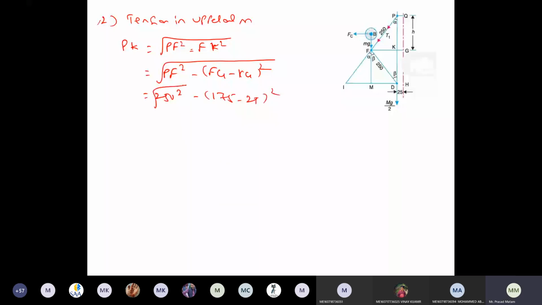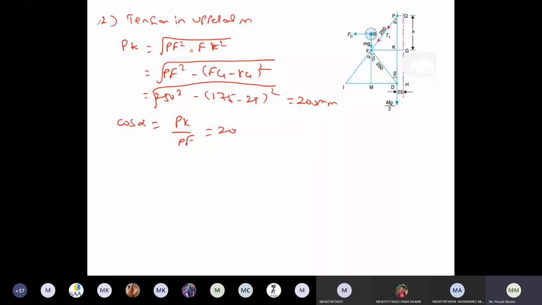If I solve, I get 200 mm. So now try to find cos alpha, that is Pk by Pf, which is equal to 200 by 250.